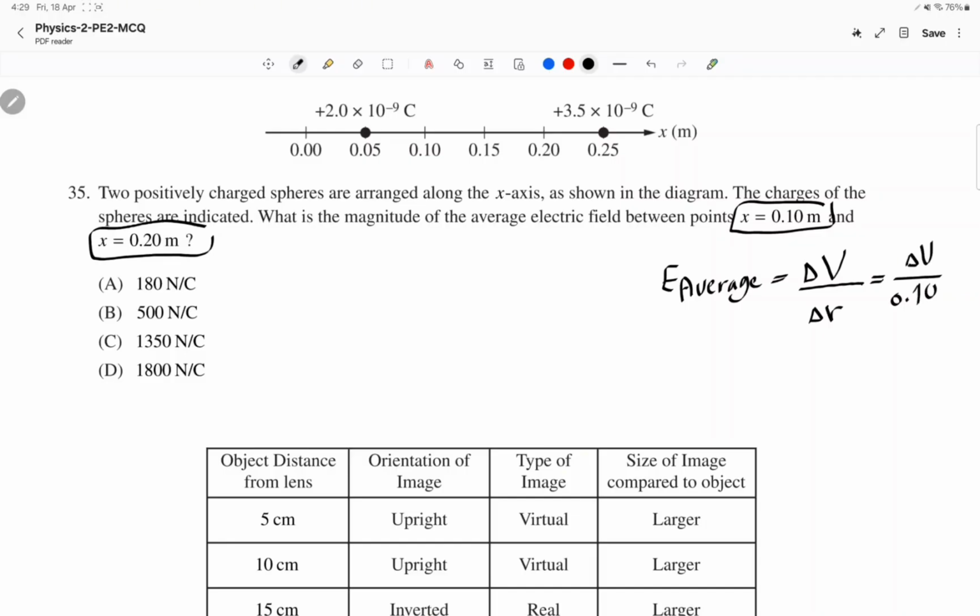That's easy. But how about the voltages? Well, by the way, this has an absolute value to it. We must find the voltage at x of 0.10 and the voltage at x of 0.20, and simply subtract them. So let's find the voltage at 0.10 for a start.